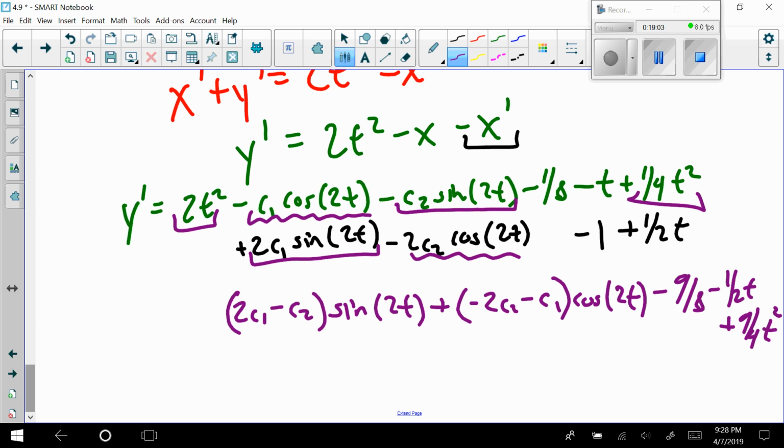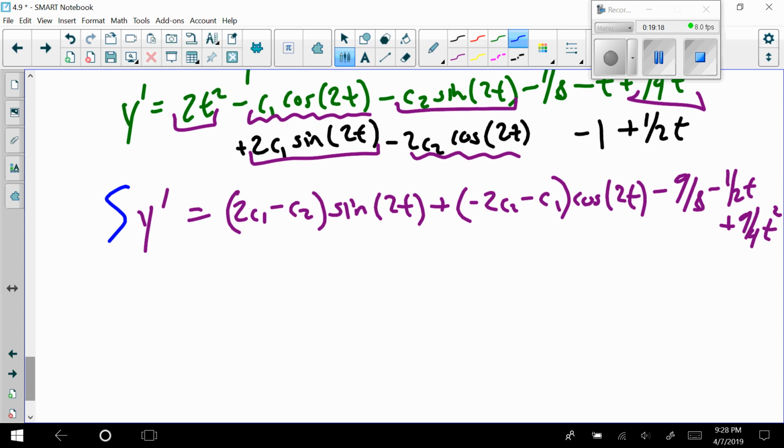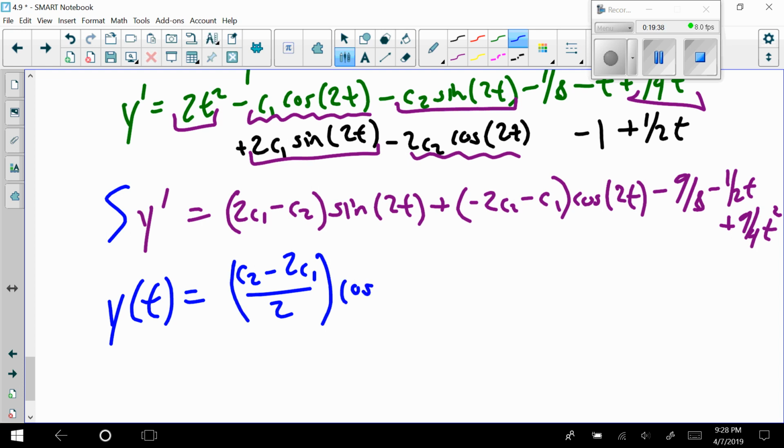Okay, and don't forget this is y prime equals this whole thing, right? Well, the goal is to just get y. How do you undo the prime? Well, you take the derivative. Assuming that it's all against just t's. Well, it is over here on the right side. So I take the derivative against that, and I'd have y of t equals, what, this one here would be c sub 2 minus 2 c sub 1 all over 2 times cosine, because I would have to take the negative version of that, right?